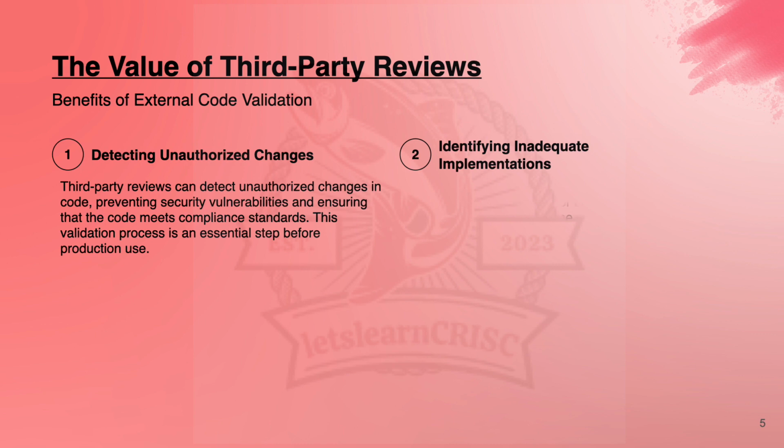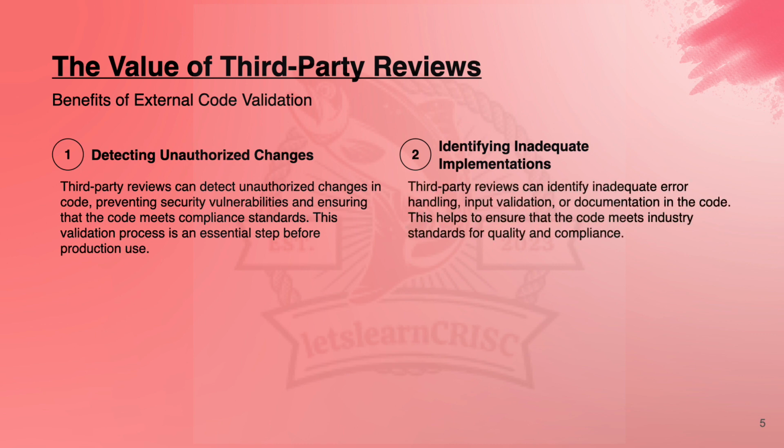Next is identifying inadequate implementation. Friends, the third party review can identify inadequate error handling, input validation or documentation in the code. Error handling involves how a program responds to unexpected situations, right? So inadequate error handling can lead to unexpected behavior or vulnerabilities.